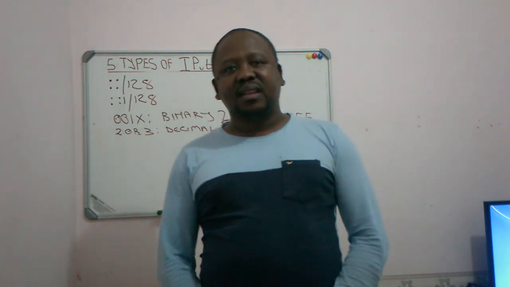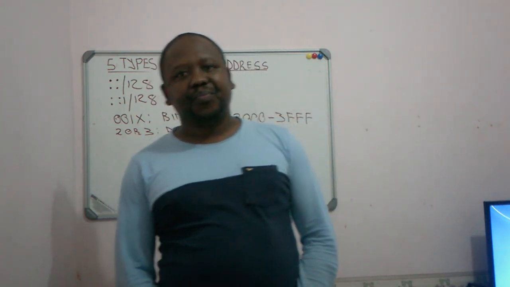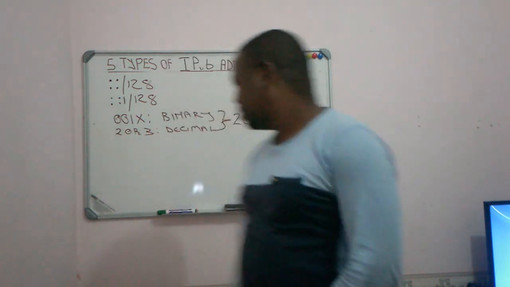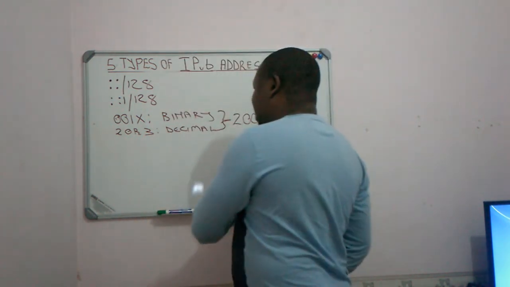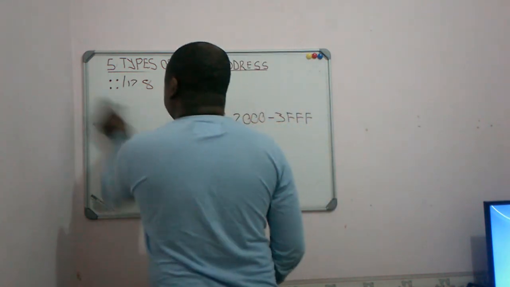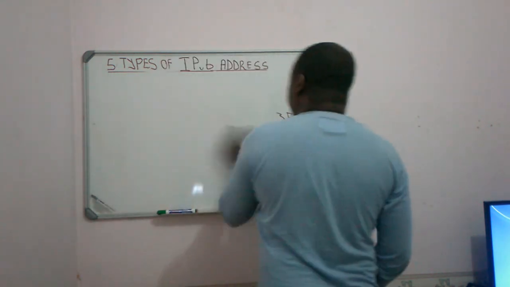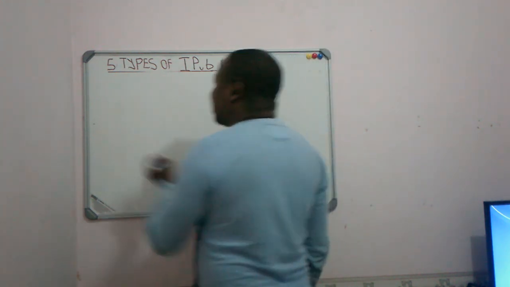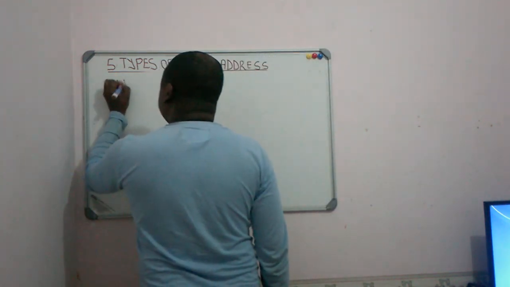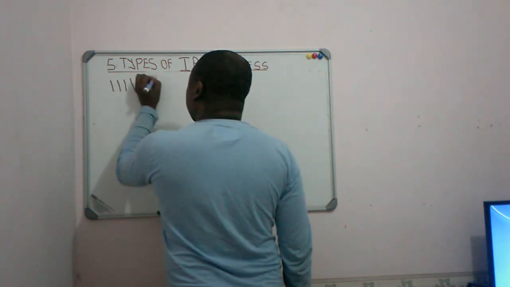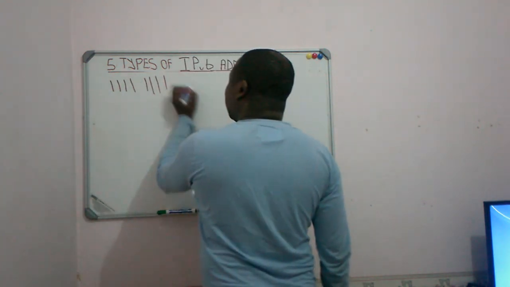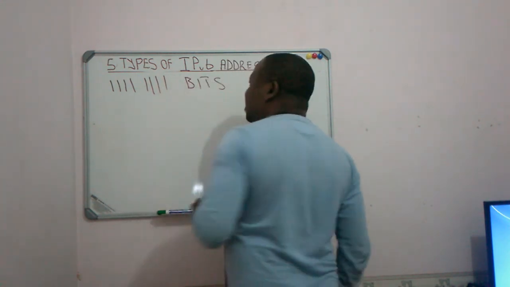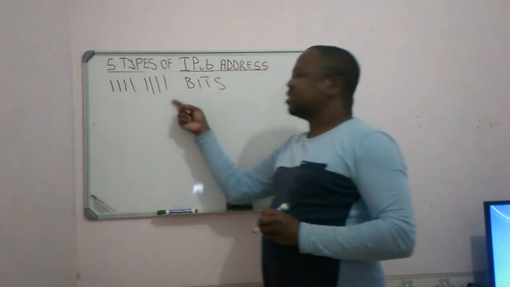The next address that I want to talk about is our multicast address. In our multicast address, we have the first 8 bits being ones.